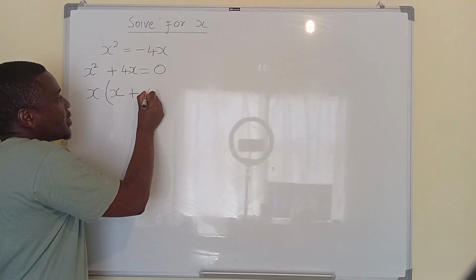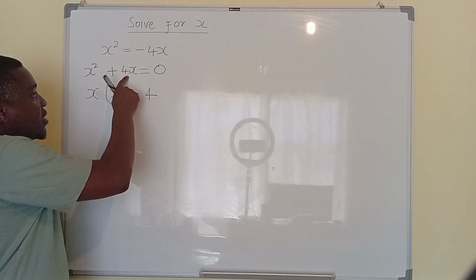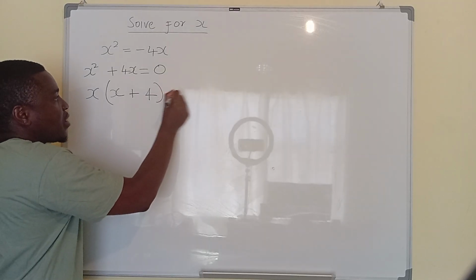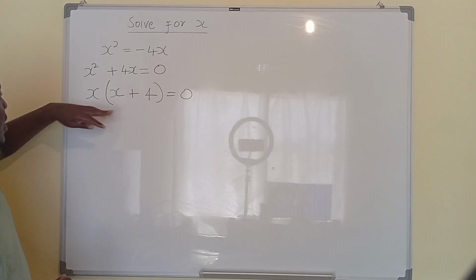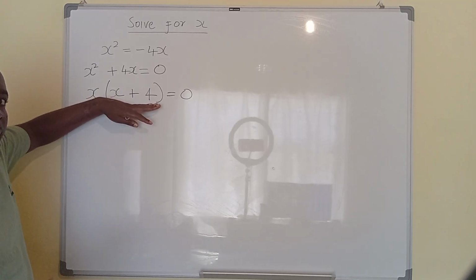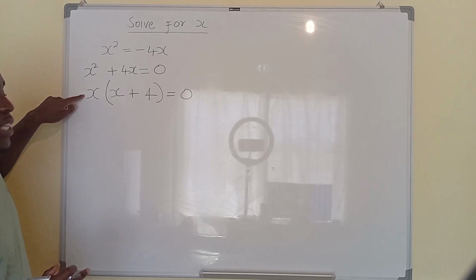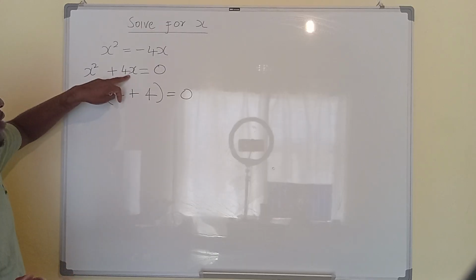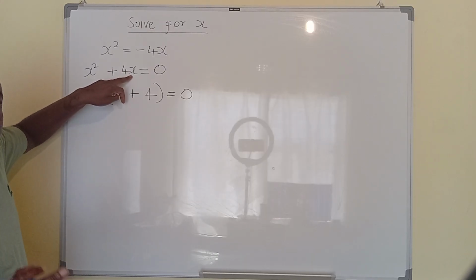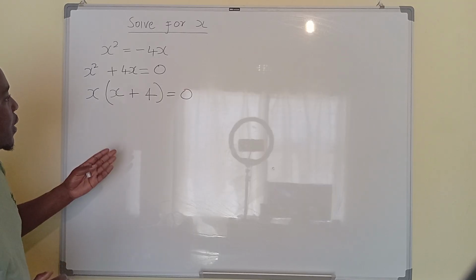We have to multiply this x by 4. x by 4 gives us this 4x. Then our equation is still equal to 0. So this step that we got here should be the step that, if we were to reverse it back, should give us the preceding step right here.